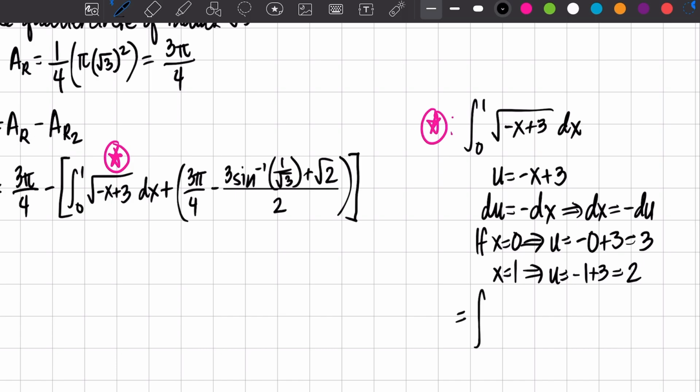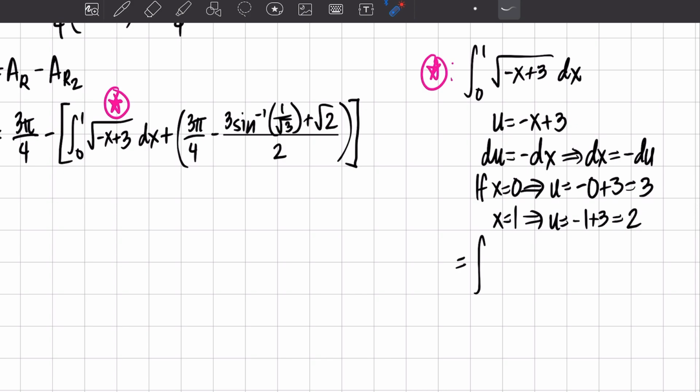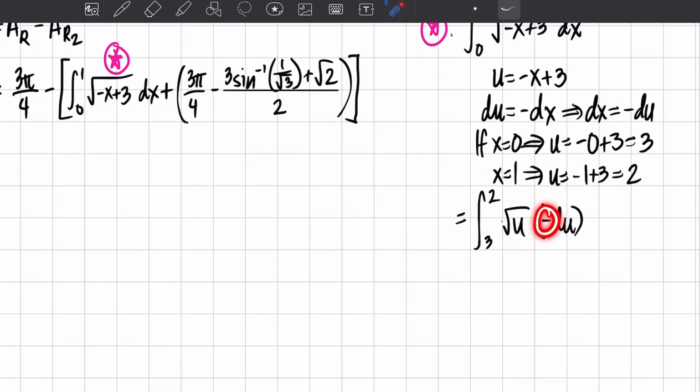So we have here the integral from, instead of x equals 0, it becomes u equals 3. So you have integral from 3 to 2 of the square root of negative x plus 3. It becomes square root of u. Then your dx right here becomes a negative du. And since this is a constant multiple, we can put that outside.